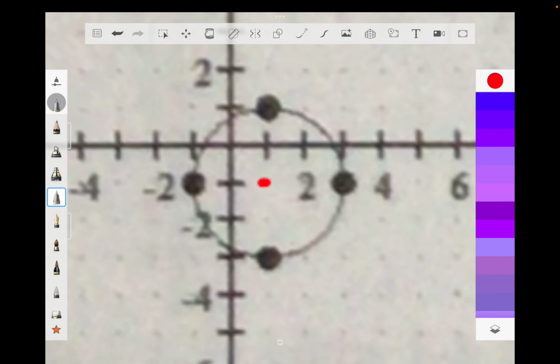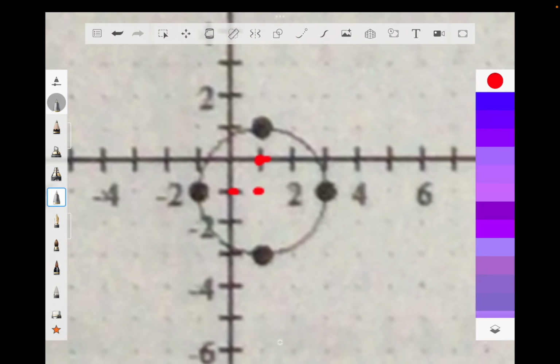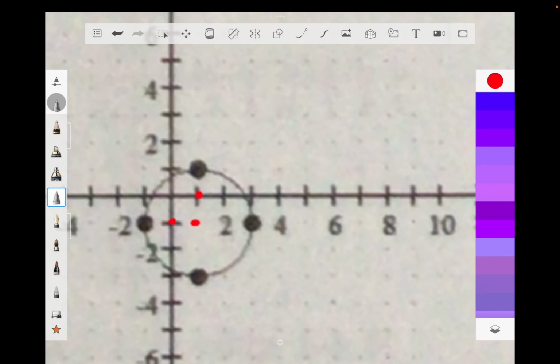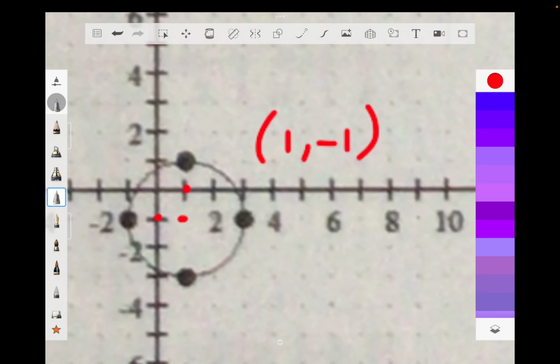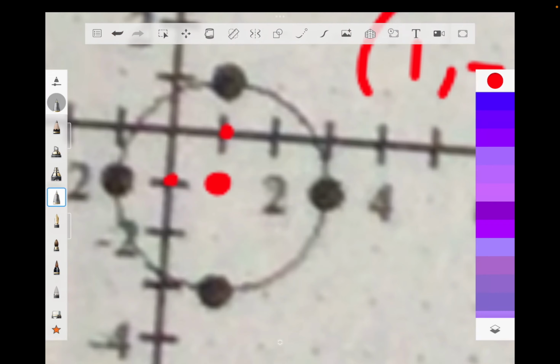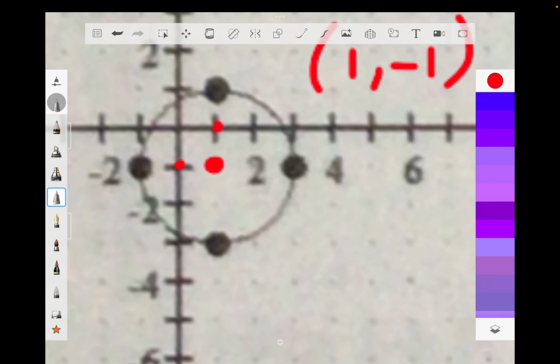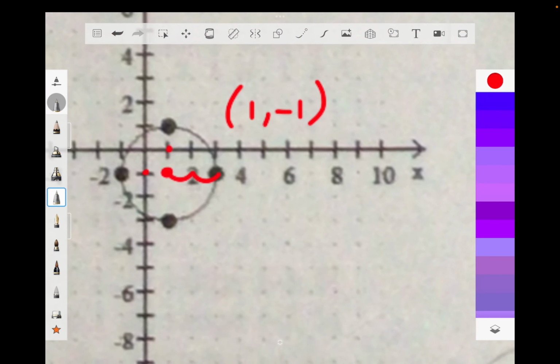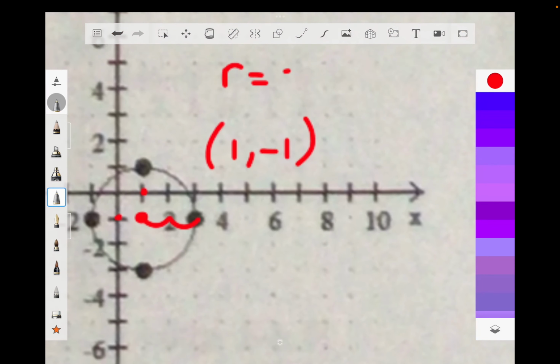This is at 1, this is at -1, so the center has to be at 1, -1, right? That's the x and y coordinate of this point right here. And the radius is 1, 2. It's 2 units, so r equals 2.